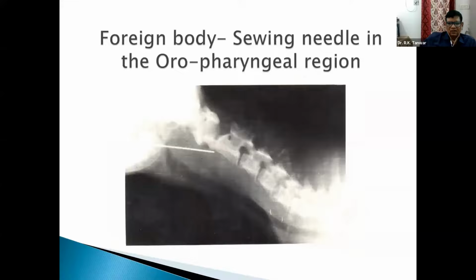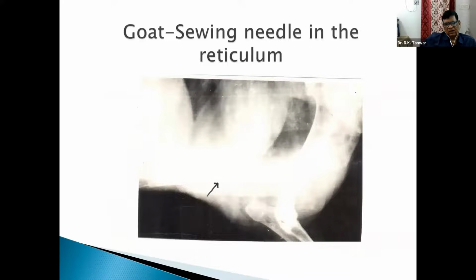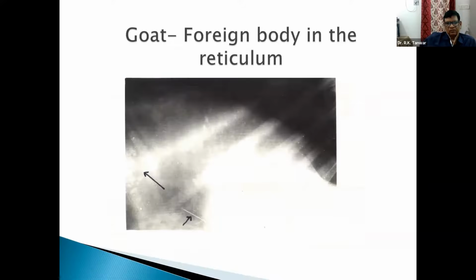This is a photo of a goat which was having a sewing needle in the oropharyngeal region. The sewing needle is clearly visible in the neck region. Another photo where the heart is clearly visible, the diaphragm is clearly visible, and foreign bodies are present in the base of the reticulum.